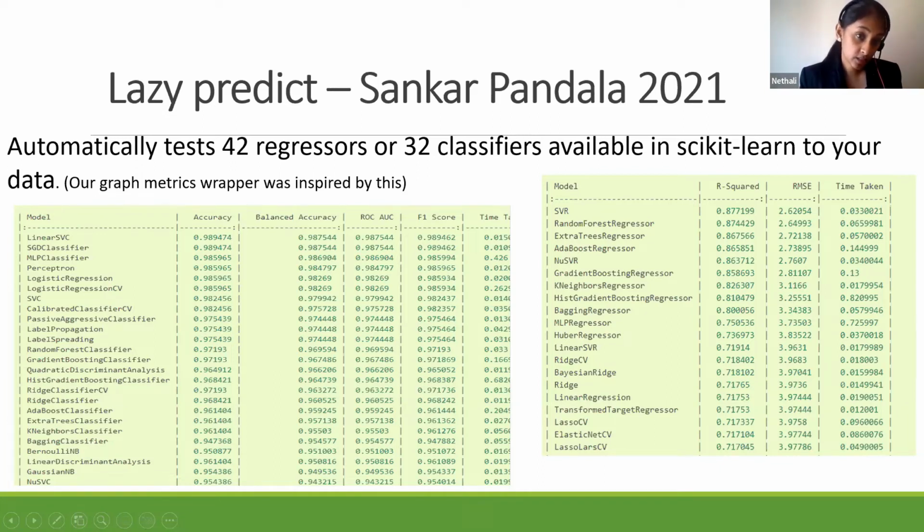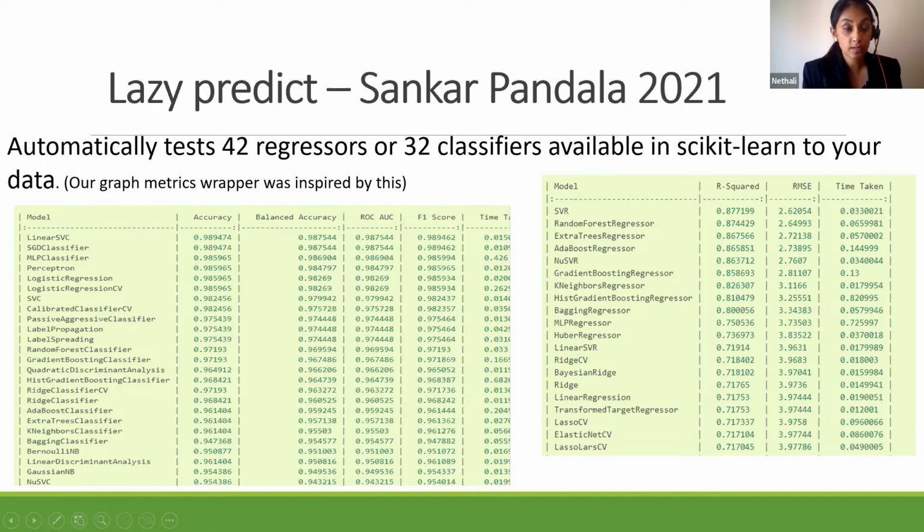But what LazyPredict does is you only have to give your data once, and it has an assortment of different classifiers and regressors, again coming from Python's scikit-learn. It goes through all of these models at once and gives you an evaluation of how well it does with each.